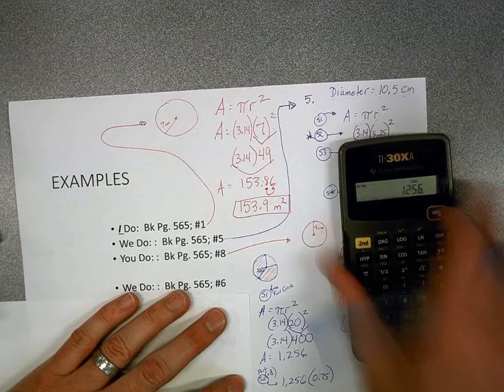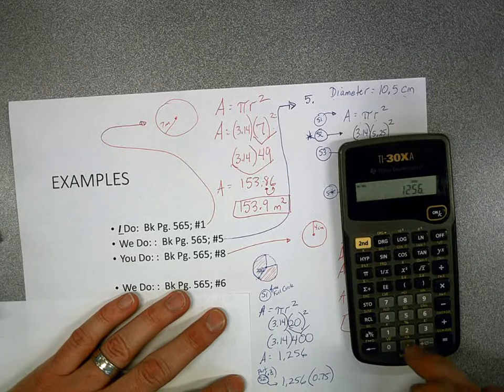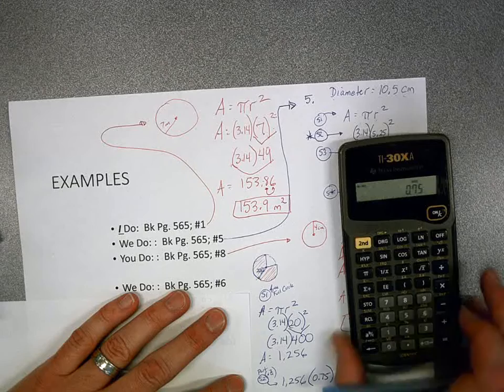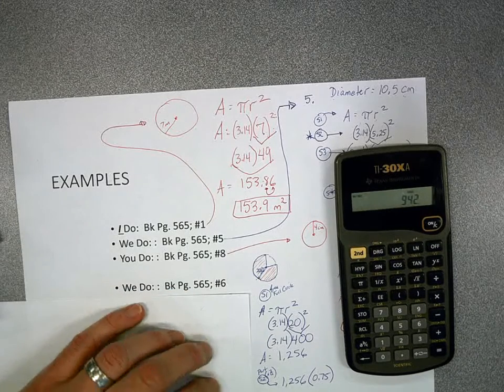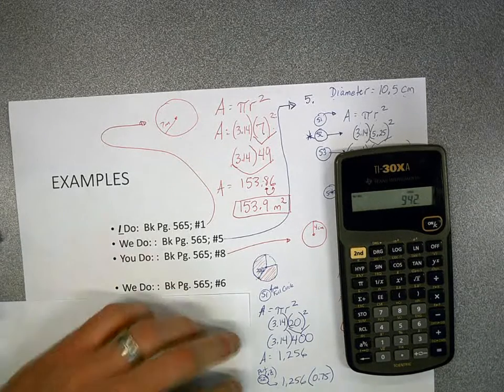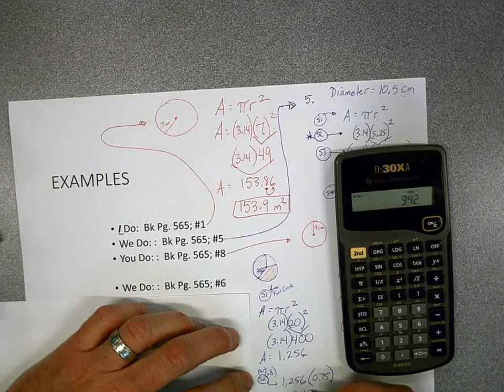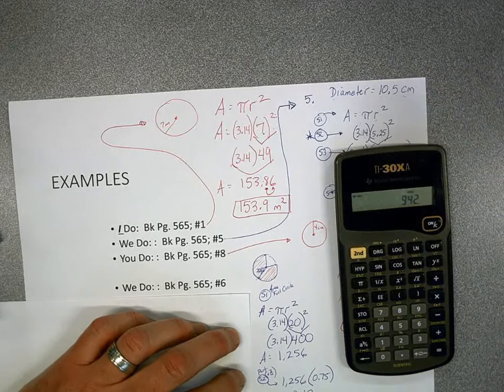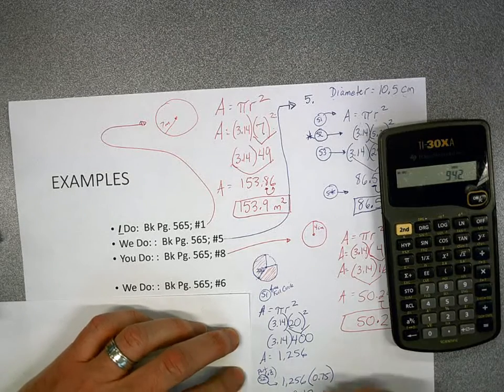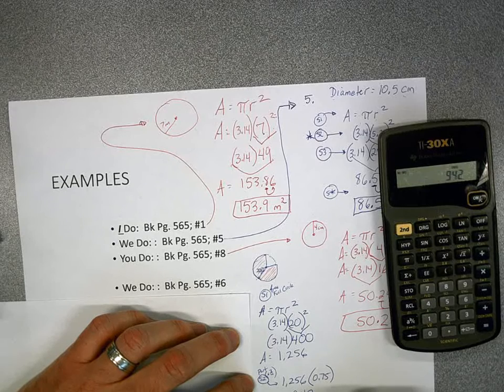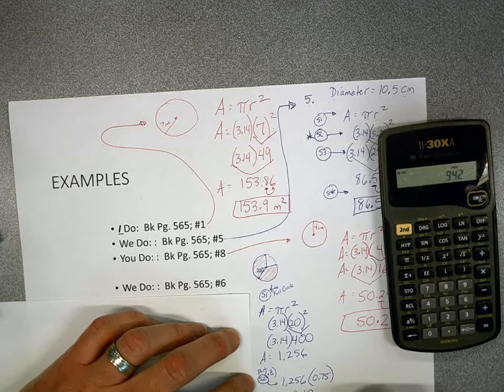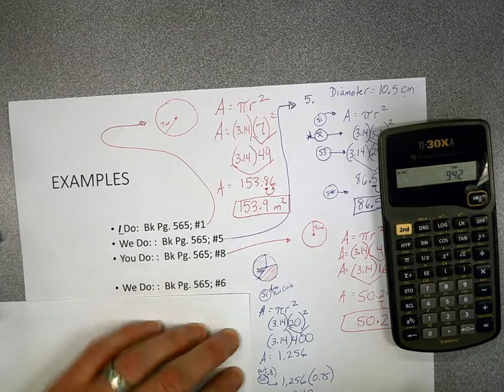So take that, multiply by 0.75 equals, and I get 942. And now, of course, we can call the next step round if we need to. Well, in the way I did it, no rounding is needed.